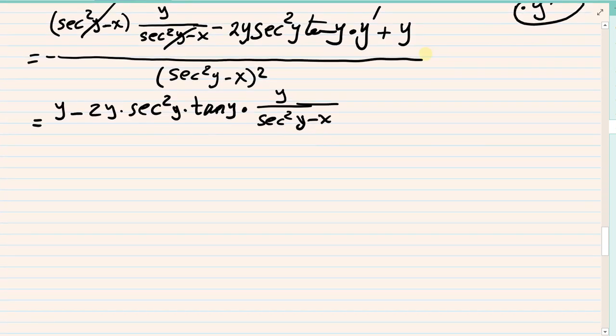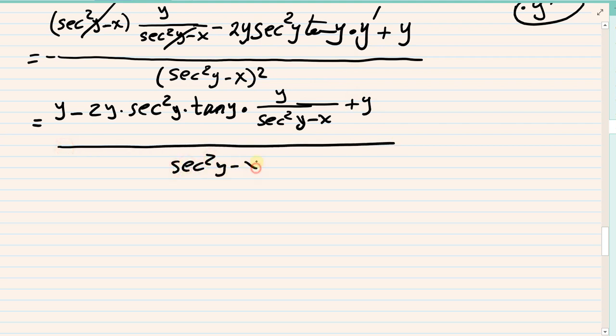Okay, and so that's what y prime is right in here. Okay, and then plus y, all of that divided by secant squared y minus x. I knew that's going to be messy because of what you're seeing unfolding.